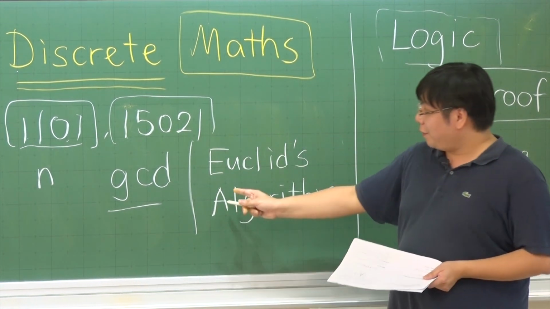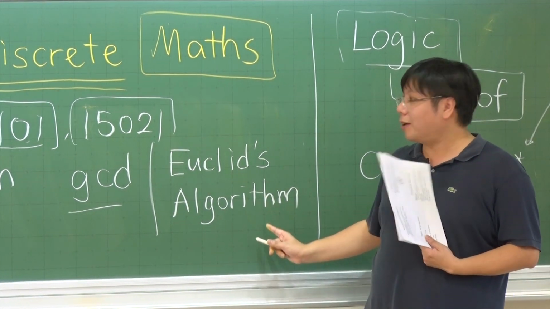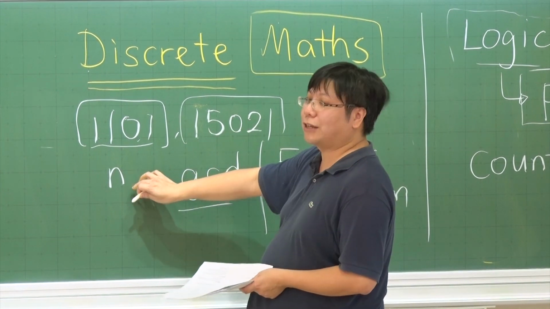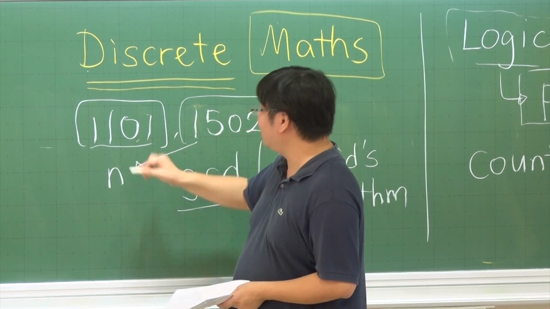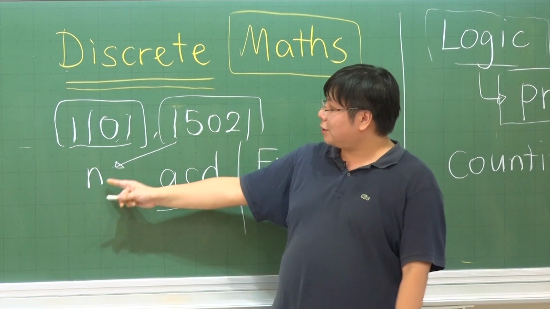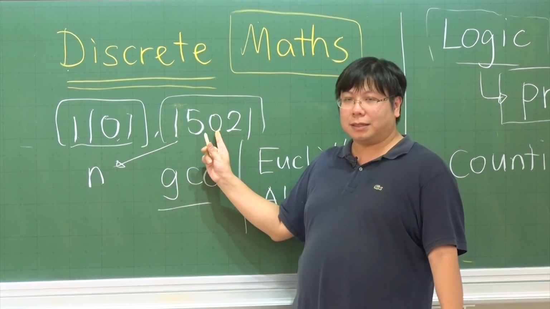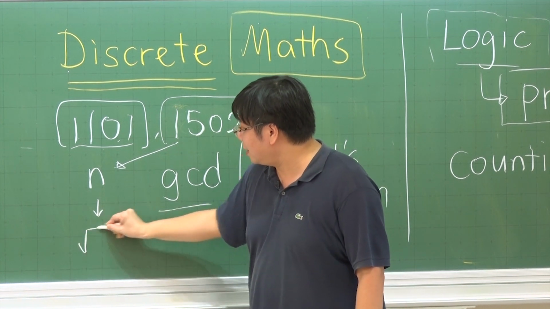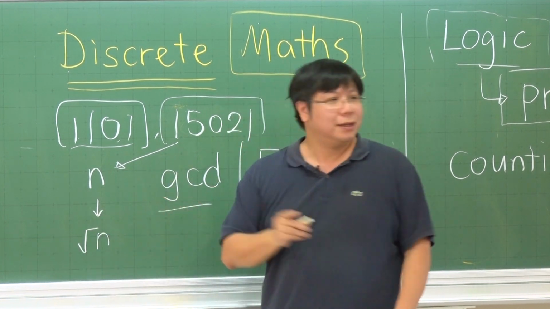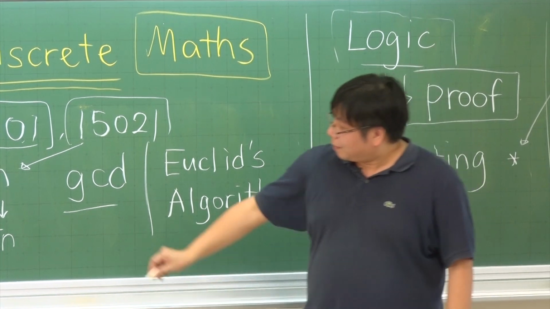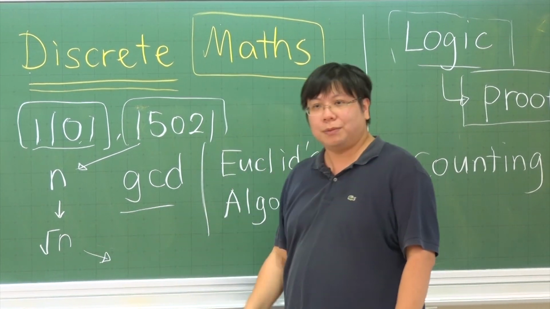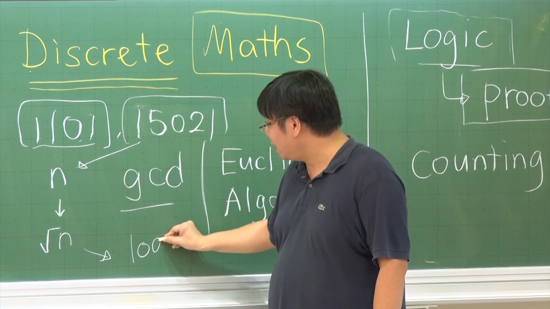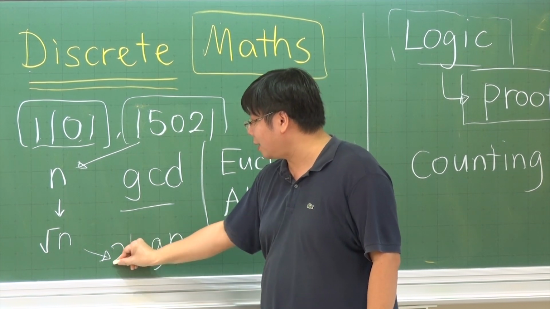But if we use this clever method called the Euclidean algorithm, let's say n is the larger number. One method is to try all the numbers less than this number, so it is order n time. We can make it faster to, say, square root of n time. But using the Euclidean algorithm, we can make it even smaller, like log n or 2 log n time.